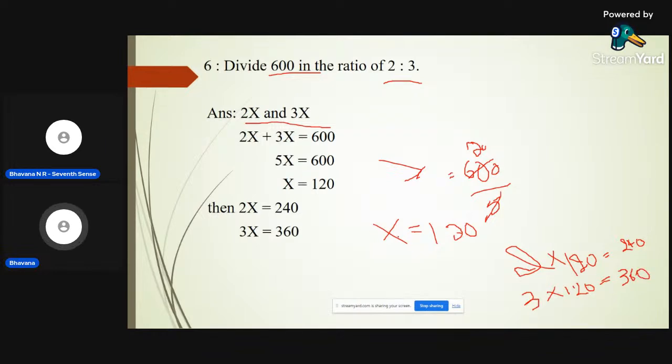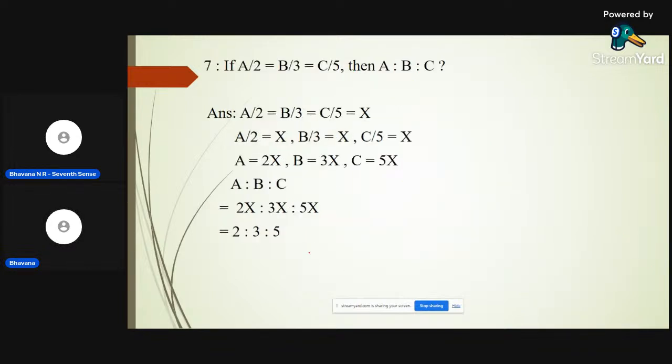So the answer is, it is divided in the ratio of 240 and 360. Okay. Next.